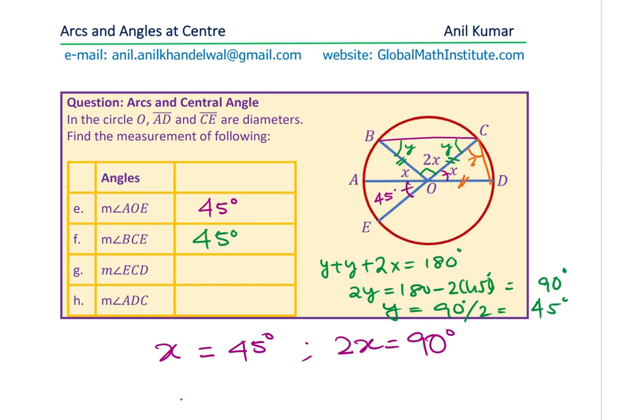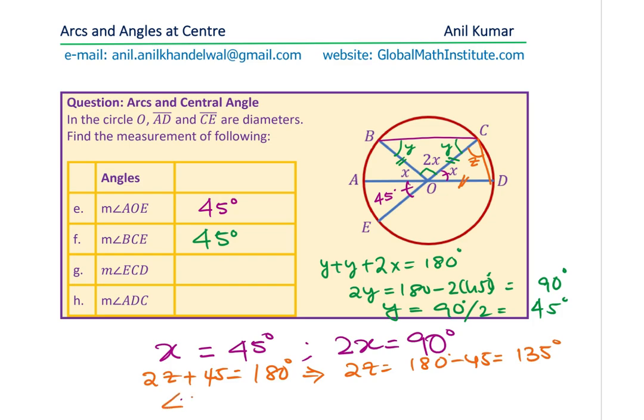Let us say this angle is z. So how do we find that? Well, we know 2z plus 45 degrees this time is 180 degrees, and therefore the value of 2z should be equal to 180 degrees minus 45 degrees. That gives us 135 degrees, and half of that is the angle C.